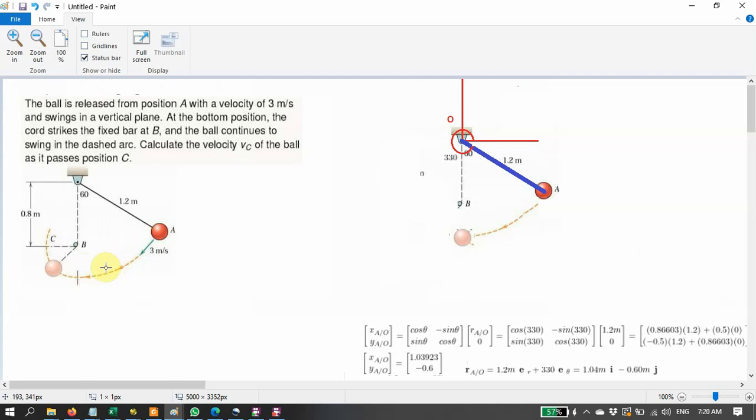At the bottom position, the cord strikes a fixed bar. This one is a plan view, and the ball continues to swing in the dashed arc. This is the arc. The only problem here is to calculate the velocity of the ball at point C. I think C is here, where the vertical distance is defined.